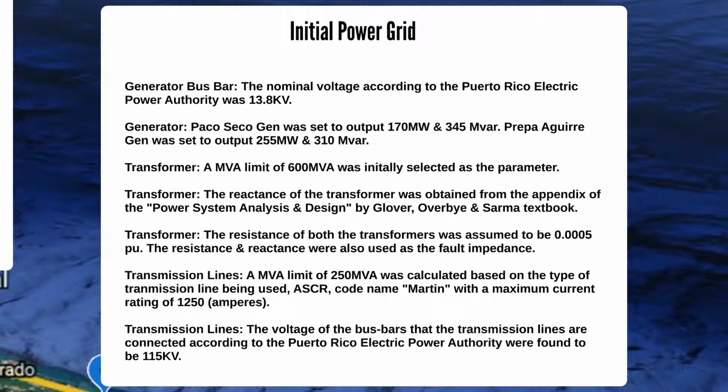The voltage of the bus bars that the transmission lines were connected to, according to the Power Authority, was found to be 115 kilovolts. And as spoken about at the start of the presentation, we know that the goal of transmitting to reduce power losses is to have a high voltage with low current.